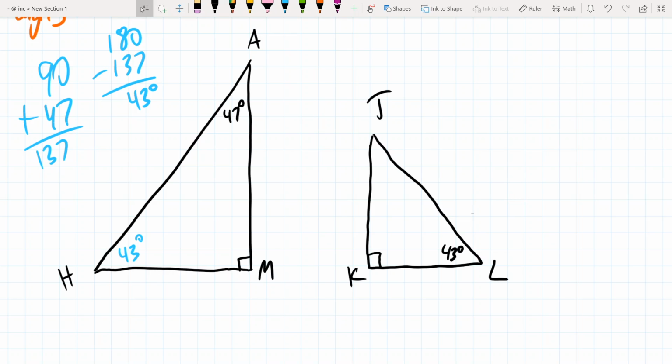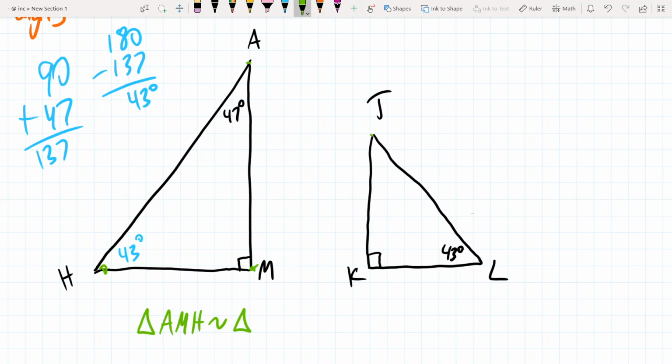So now, if the problem worked out this way, compared to the last time, the problem that I gave you that you worked on, hopefully the answer that you got was no, they aren't similar, but if the problem worked out this way, you could say yes. There's a lot of different ways you could word it. You could just say the triangles are similar, or you could make a similarity statement where you say triangle AMH is similar to triangle. Now we make sure we do it in the same order. We went from the 47 to the 90 to the 43.